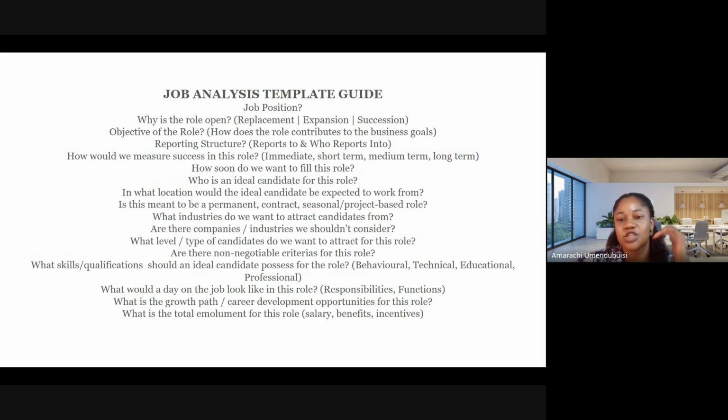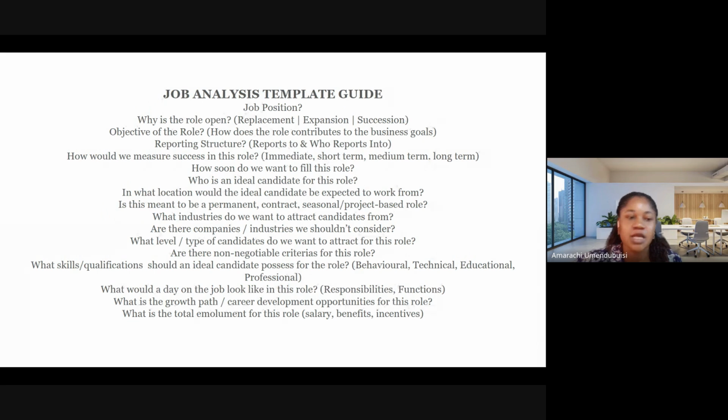So if you didn't ask this question, and you're engaging a candidate who tells you that my notice period is 3 months, and the hiring manager needs somebody who can resume within the space of 2 weeks, you can see how this affects your recruitment outcome.